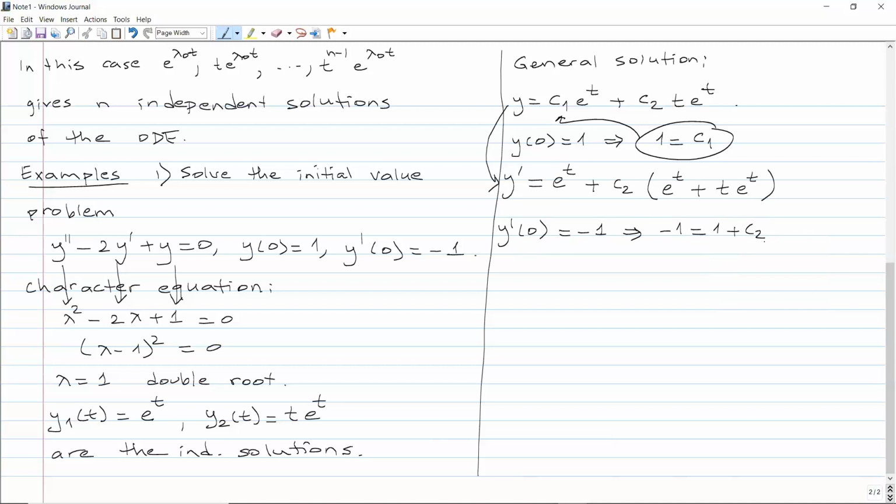So we have just C2. That means the constant C2 is minus 2. So the solution we are looking for, C1 is 1, so e to the t, and C2 is minus 2 times t e to the t. This is the solution of the initial value problem.